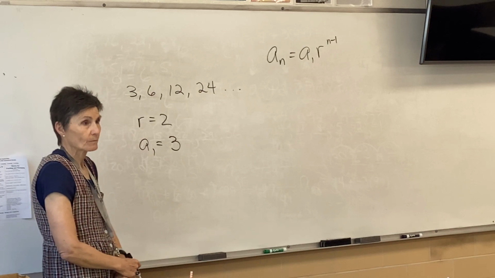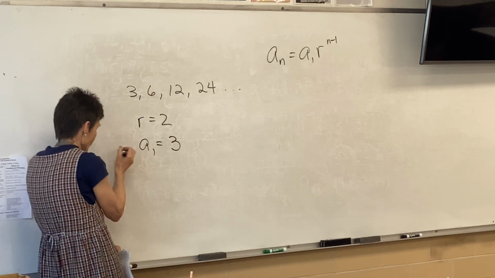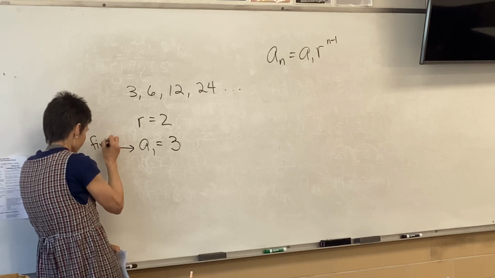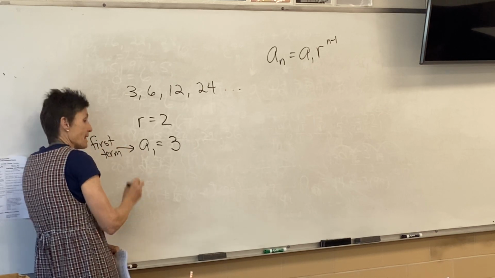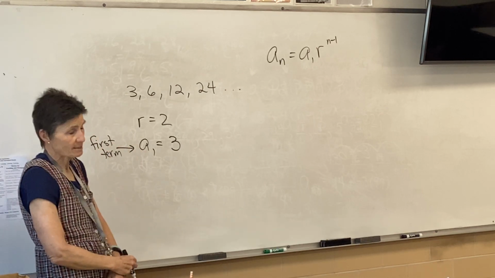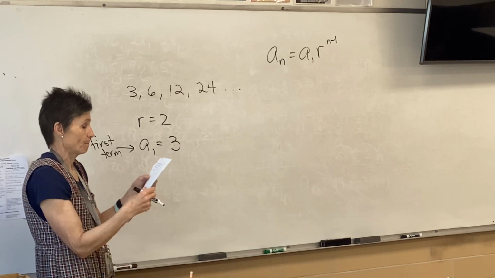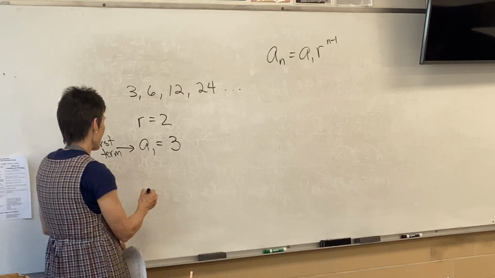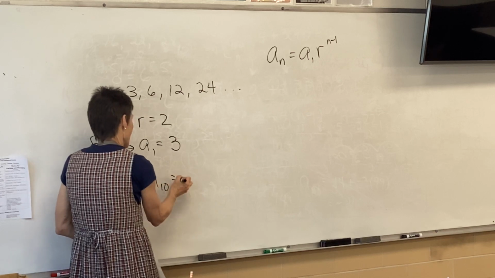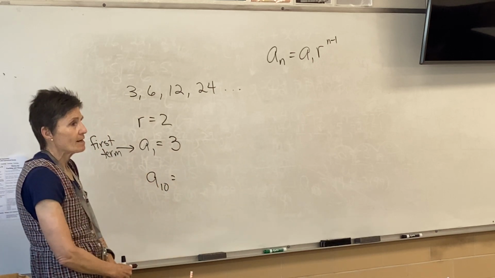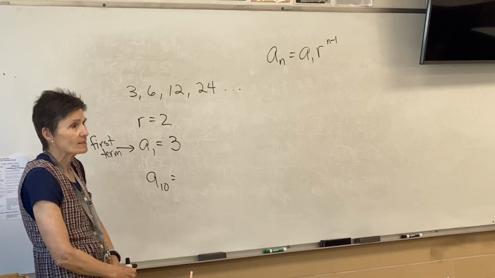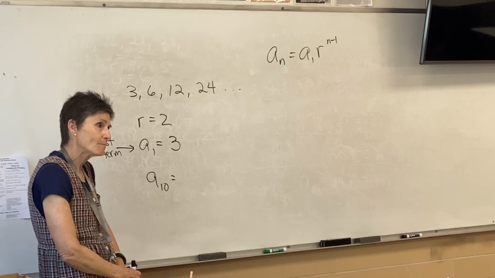First term. It always means that, whether it's arithmetic or geometric, a sub 1 means first term. And now we want a sub 10. How are we going to find the 10th term?